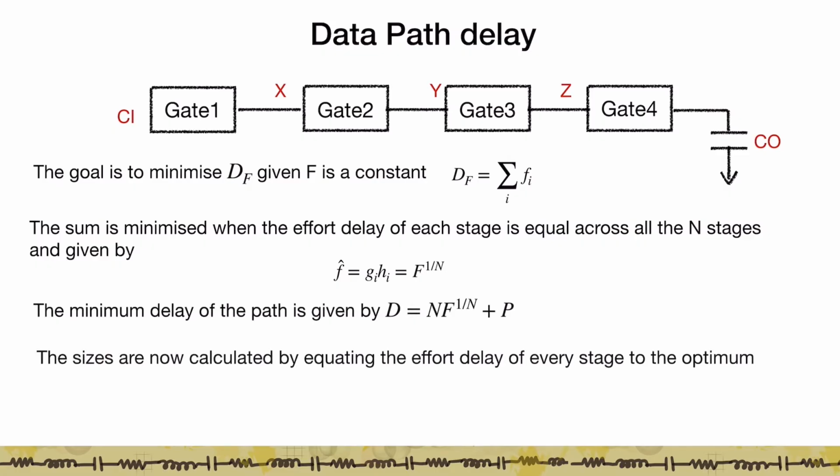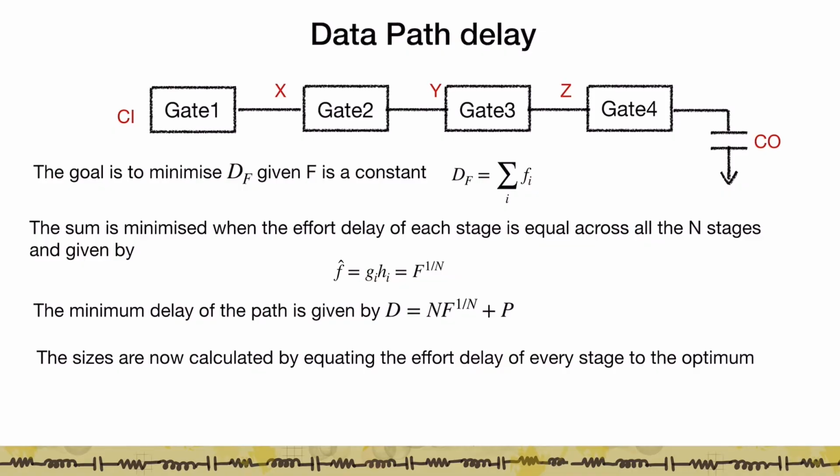And so the minimum delay in the path is given by n times F to the power 1 by n plus the parasitic delay. This is the minimum delay that you would get, and this minimum delay is independent of the sizes of the gates. It's only dependent on the path effort. Once we have the delay of the individual gates, we can now go ahead and size the various gates for the specific delay, right?